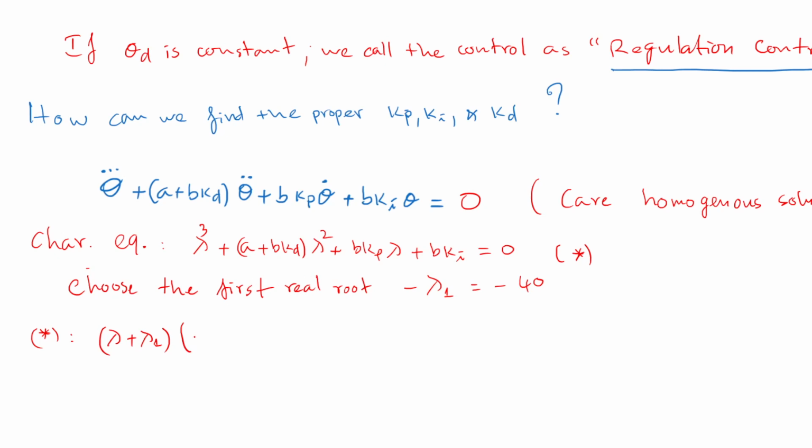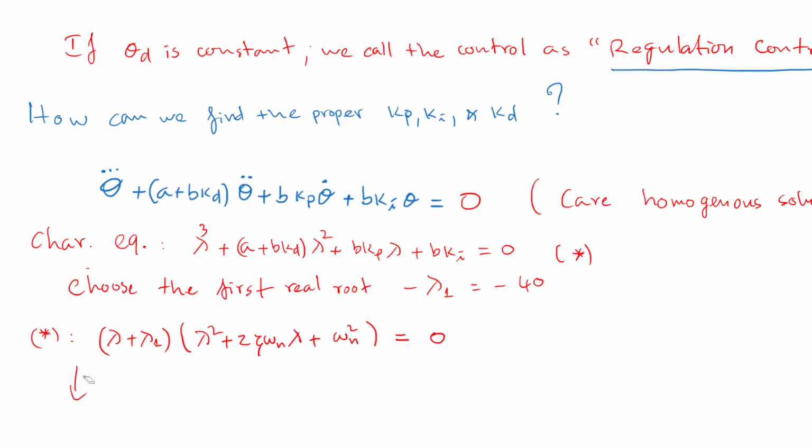Second order, and you can call it lambda square plus, you use standard form, 2 times zeta omega n lambda plus omega n square equal to 0, and then expand it.